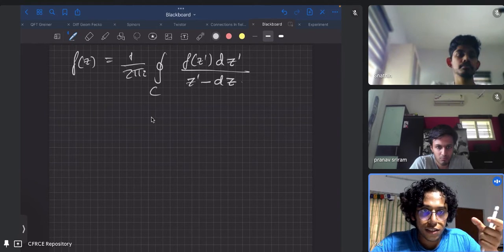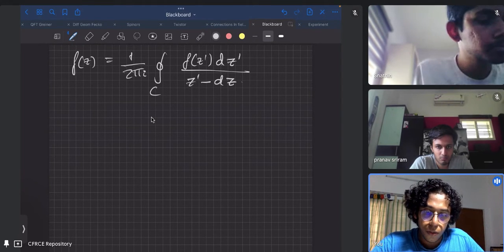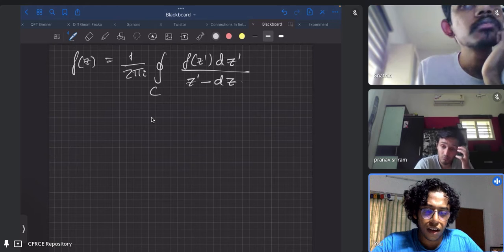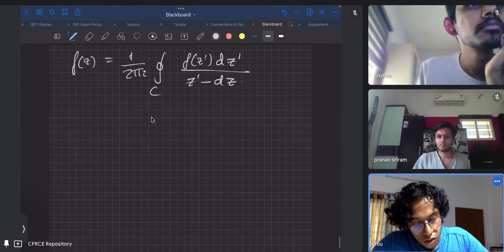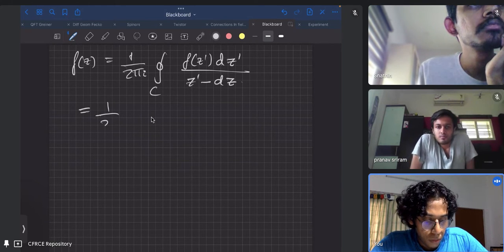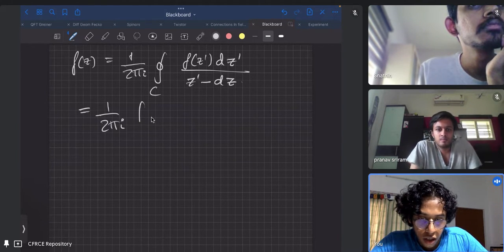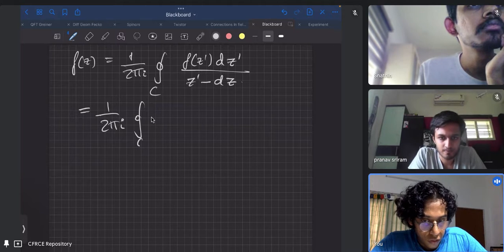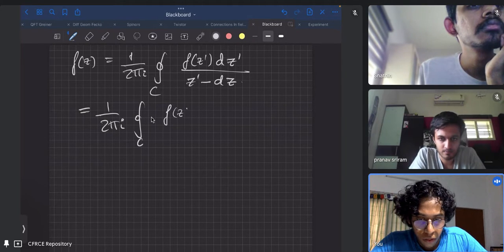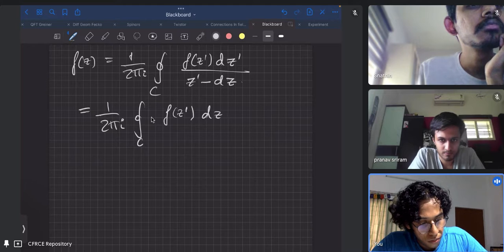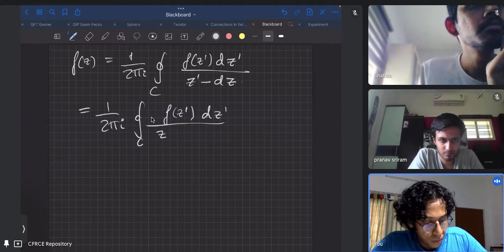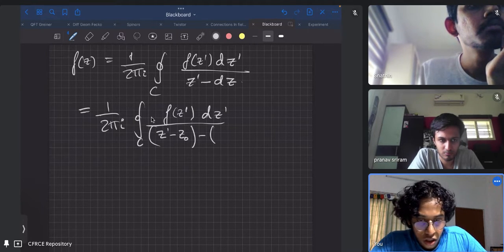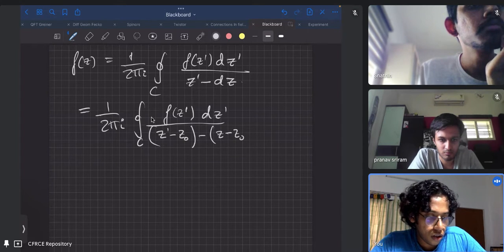So this is equal to 1 by 2 pi i integral of f of z prime dz prime by z prime minus z naught minus z minus z naught.